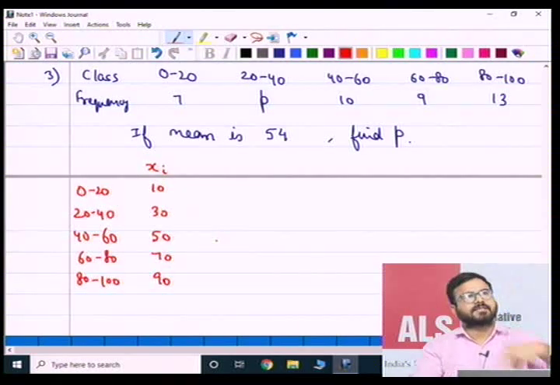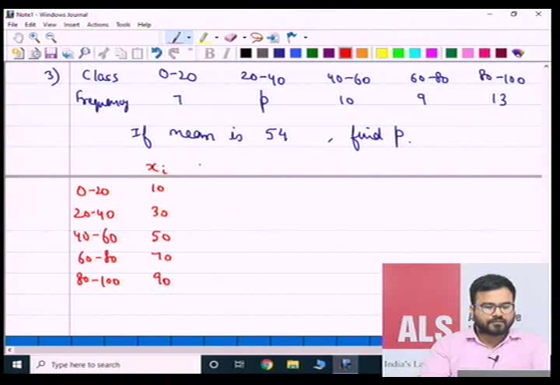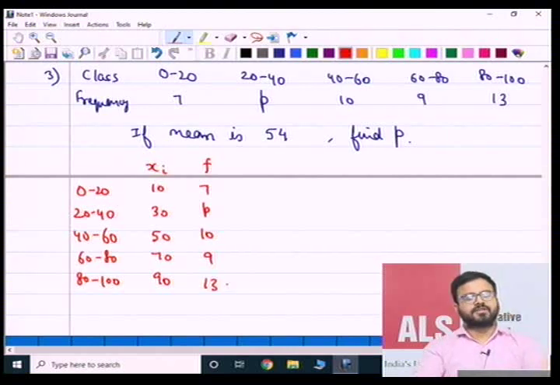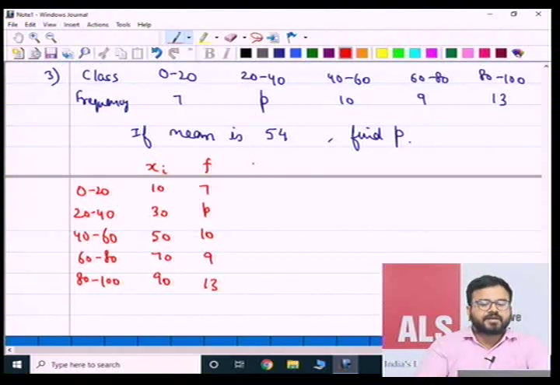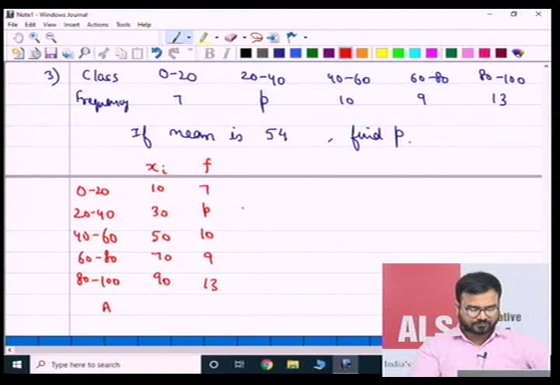We can find the xi. Frequency is given 7, p, 10, 9, 13. Now either you can do it directly or we can take help of any method. Let us say we can take A as 50.